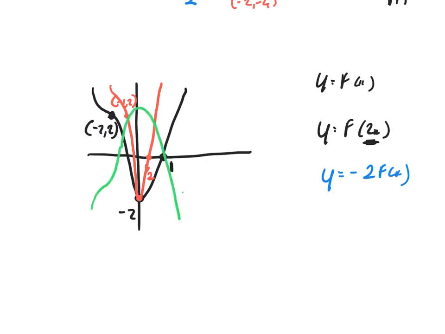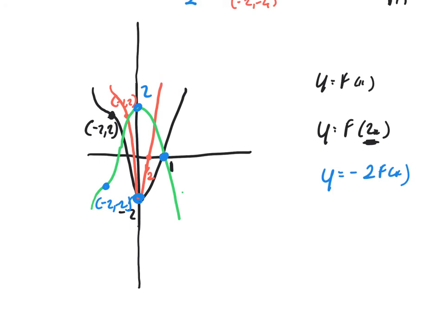And this time going through -2, -2. Instead of -2 here, that'll be 2 up here. And still 1, 0. So that's the reflection. Now it's going to be the stretch by a factor of 2.